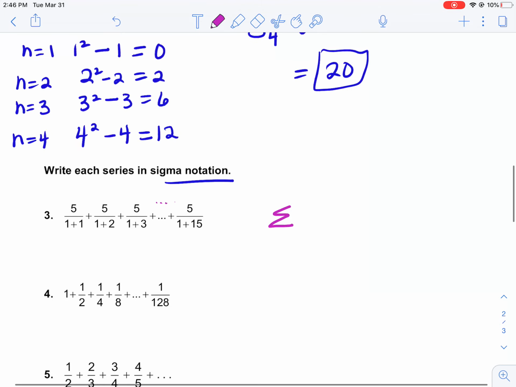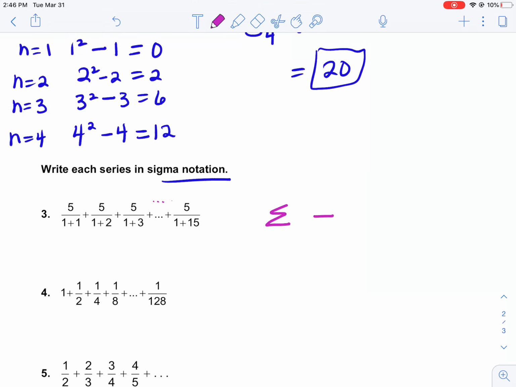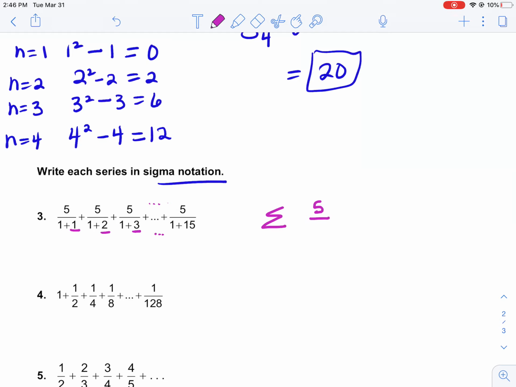All right, well, I noticed that there is a fraction in each of these, and that 5 is in the numerator of each of these fractions. And did you guys notice how we have 1, 2, 3, probably going to go on to 4, 5, 6, 7, 8, 9, 10, all the way up until 15 right here.